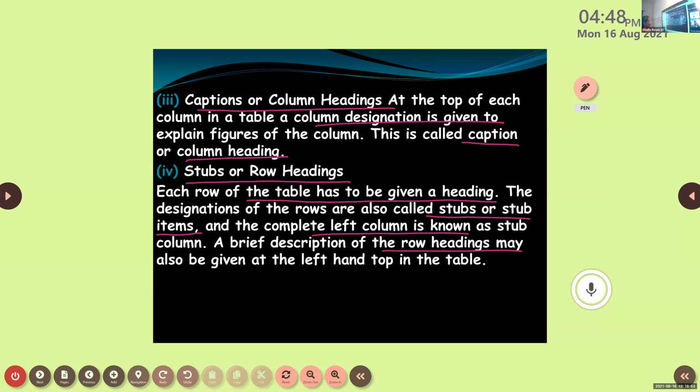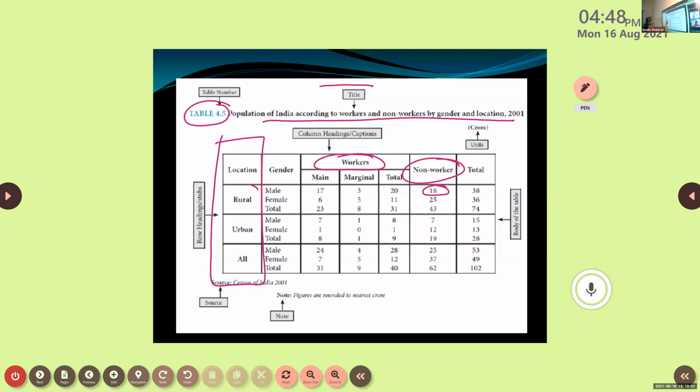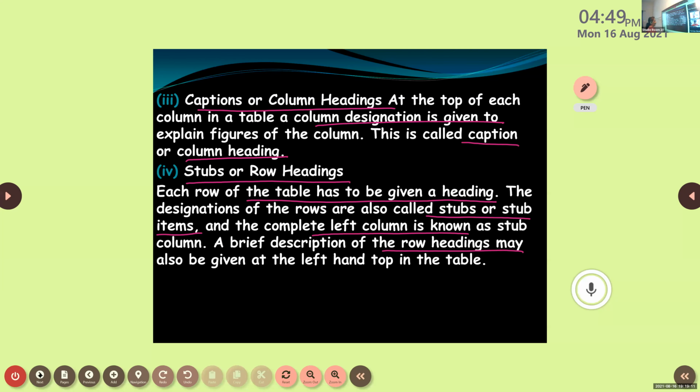At the same time, there is also one heading for all these stub entries, that is the subheading. Where do we give that? At the left-hand top of the table.